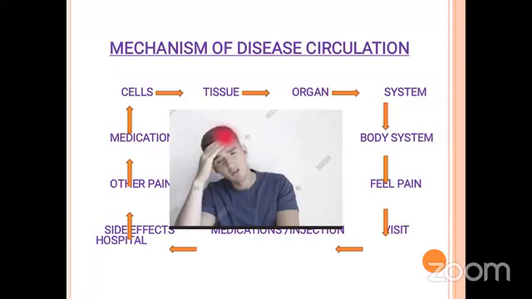So the disease starts from damaging the cell, then from the cell, disease moves to the tissues, of which you know that the tissues are made up of millions of cells, or even billions of cells. So when the cells have been damaged, you have a bad tissue. And when the tissue becomes damaged, the body organ is now affected.